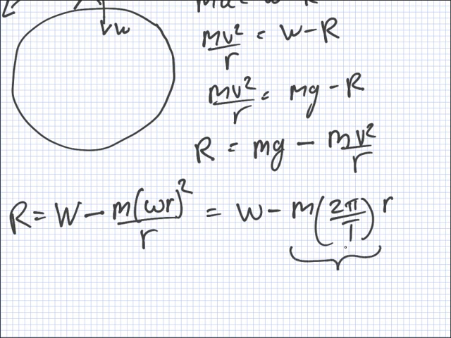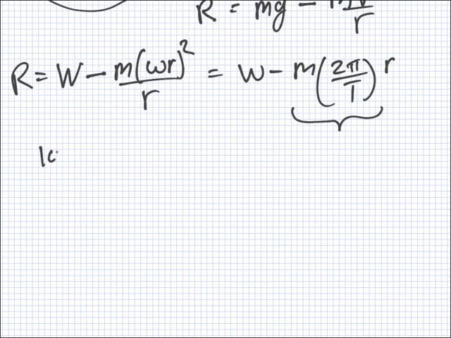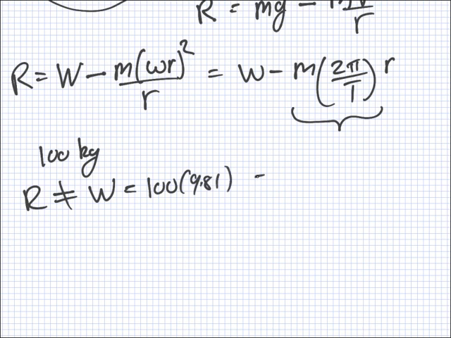This much less. So let's take an example. Let's say we'll keep the numbers easy. We have a 100 kg person, and its reaction will not equal the weight, which is 100 g. It should be a little bit less than this, because it's moving in a circle. Let's calculate how much.